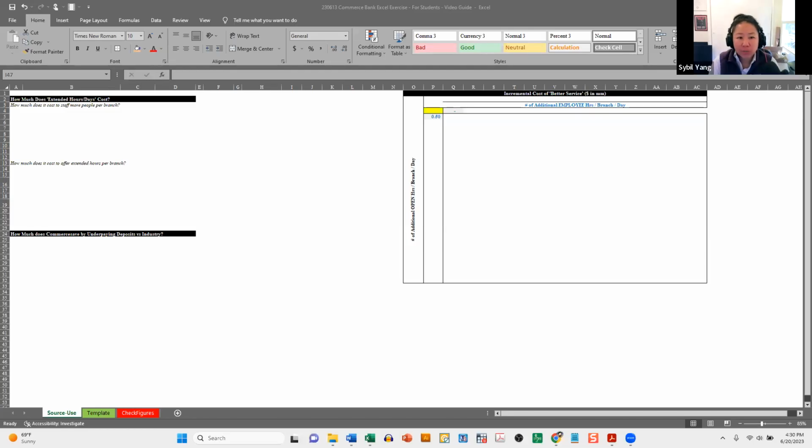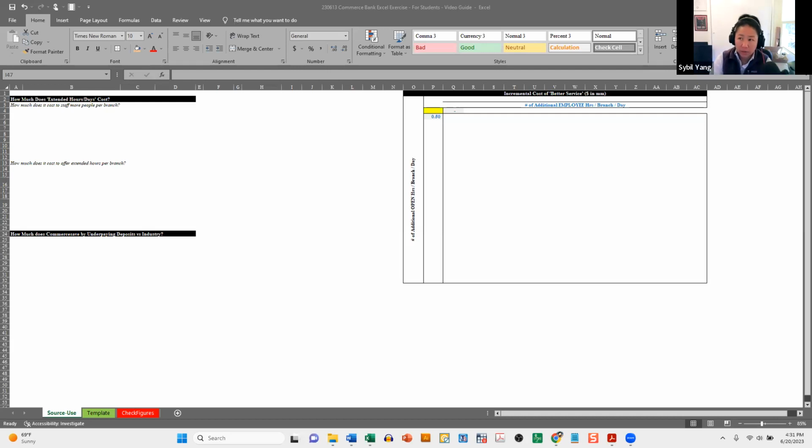Okay, so now we're going to do some rough estimating of the funding mechanism for Commerce Bank. After analyzing the case, we have a pretty good understanding that Commerce funds better service by paying less in interest to their depositors.